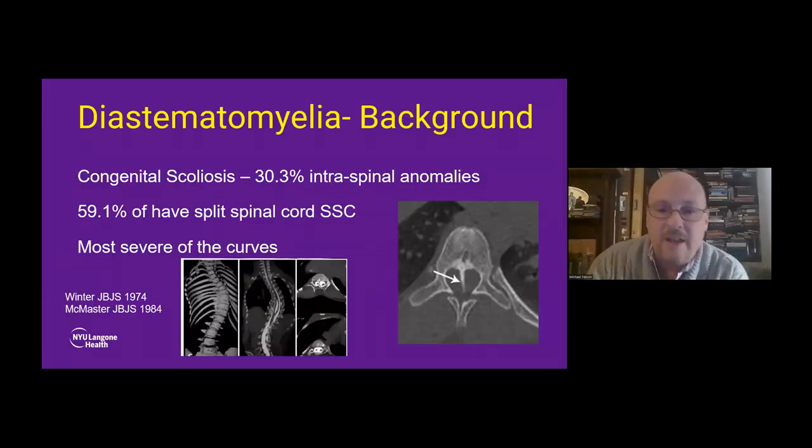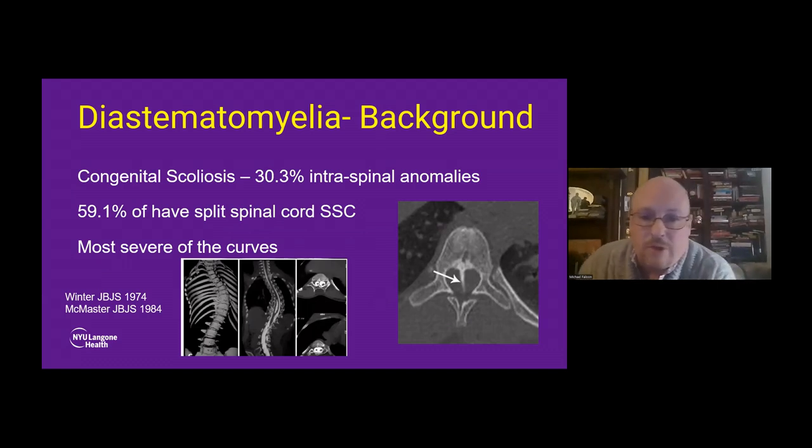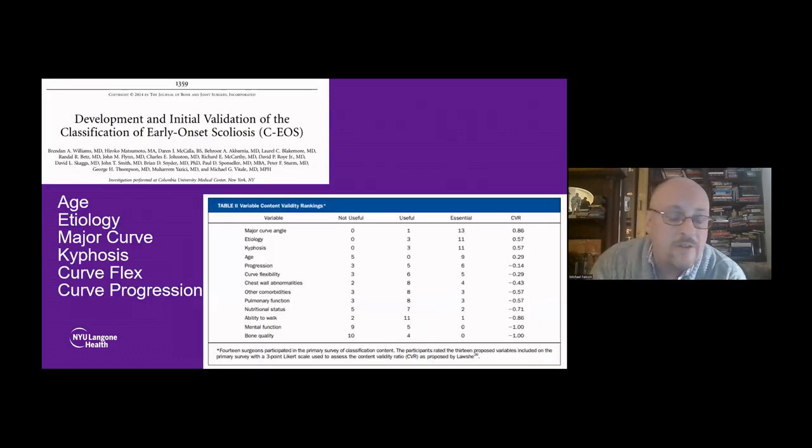Sorry. So 30% of all congenital cases have intraspinal anomalies, and of those, 2/3 are split cord. These tend to be part of the most severe of the curves that exist, according to the initial epidemiology studies.